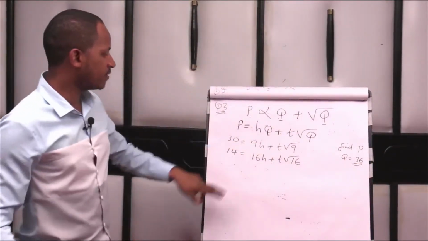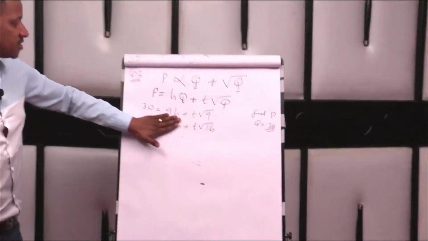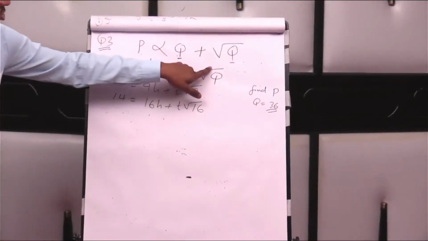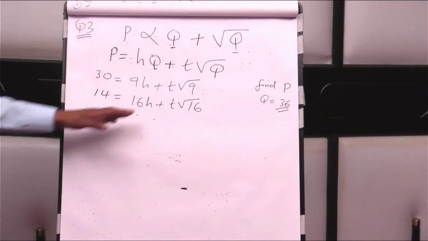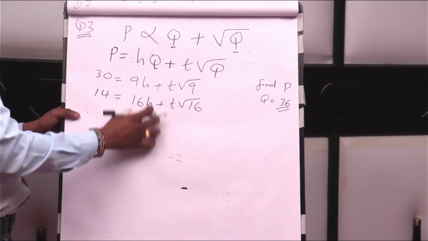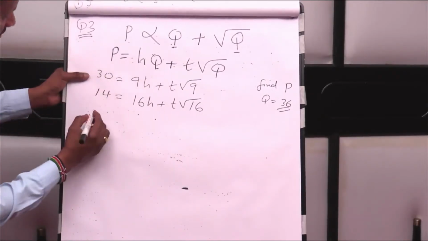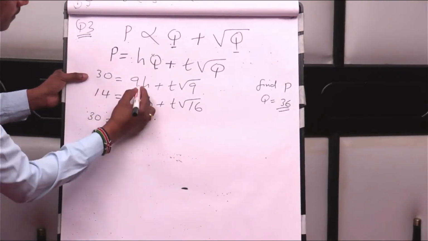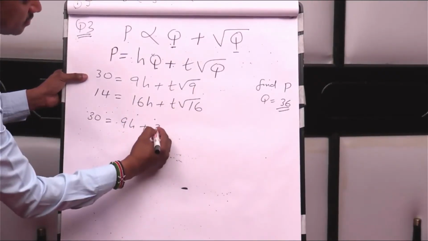So from here, we have 2 variables, H and T. So we get the values of H and T, then we replace in this equation with Q as 36. We'll get our value for P. So what do we do here? Very fast. We can solve this. So this is 30 equals to 9H plus the square root of 9 is 3 times T is 3T.